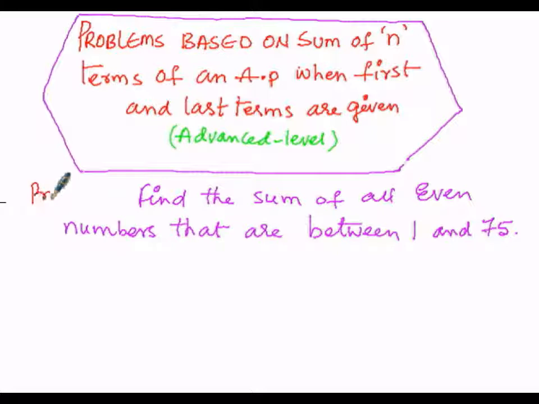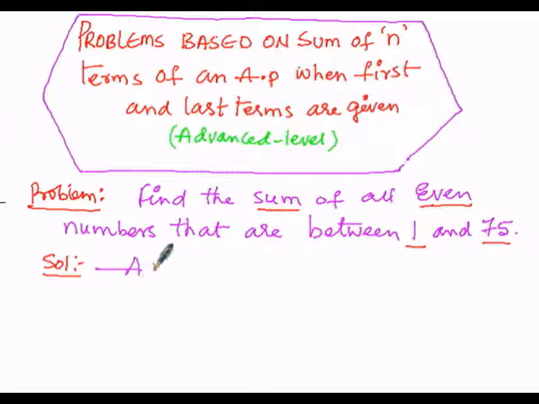So, here the problem starts. Now, the problem is that you have to find the sum of all the even numbers that are between 1 and 75. The solution starts now.